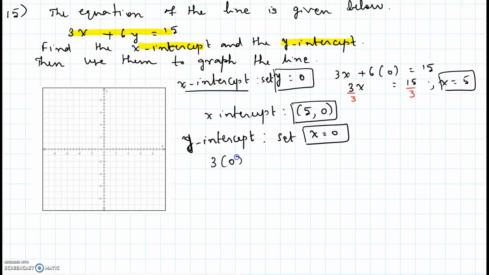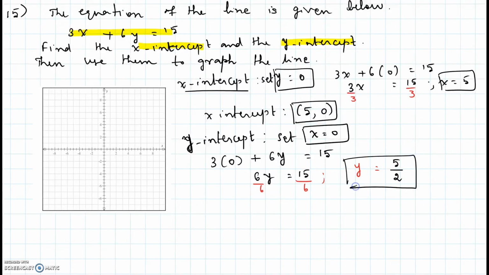So 3 times 0 plus 6y equal to 15. So 0 plus 6y equal to 15. So divide both sides by 6 to get y equal to, if we reduce, it's 5 halves.